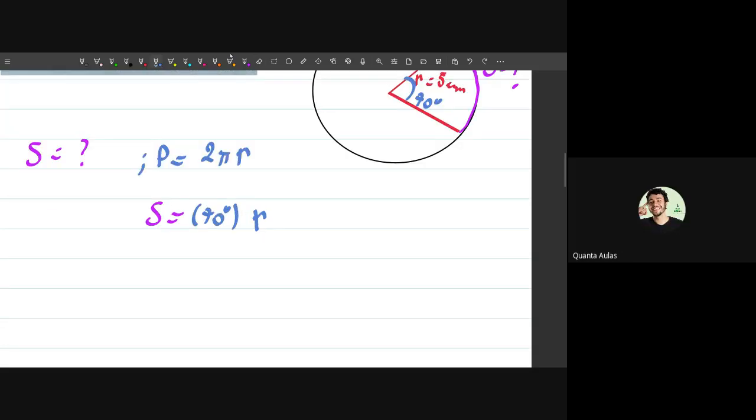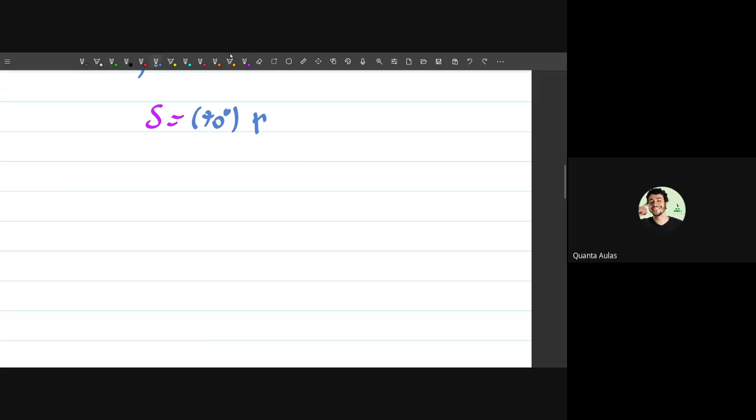How can I convert degrees to radians? Only the rule of three, okay? You need to know that pi in degrees is 180. You want 70, so we put 70 here, and here we put the 70 in radians.